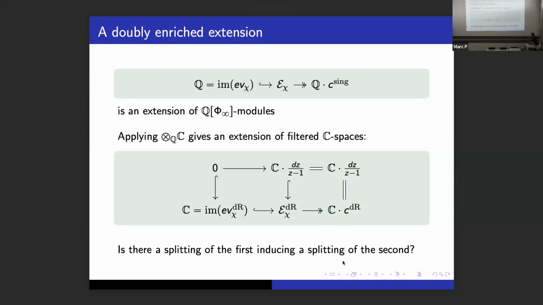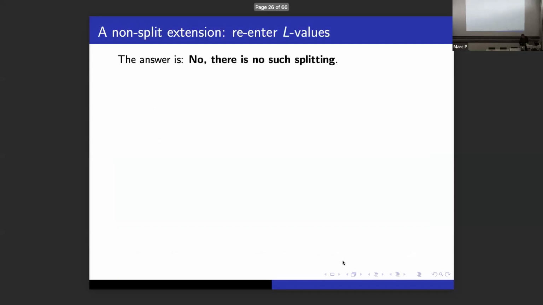Is there a splitting that's compatible with the filtration on the extension? And this is where we start to see interesting things showing up. So the answer is no, actually no such splitting exists. The reason that no such splitting exists, I'm going to claim, is that the L value, L(1, chi), is not zero.